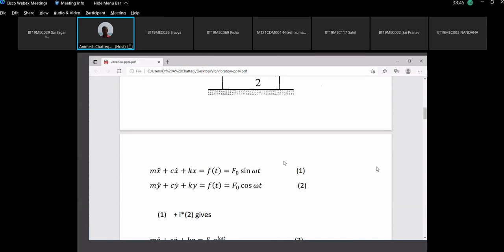Now write down that suppose the corresponding solution is Z. Then mz double dot plus cz dot plus kz is equal to f0 e to the power I omega t.